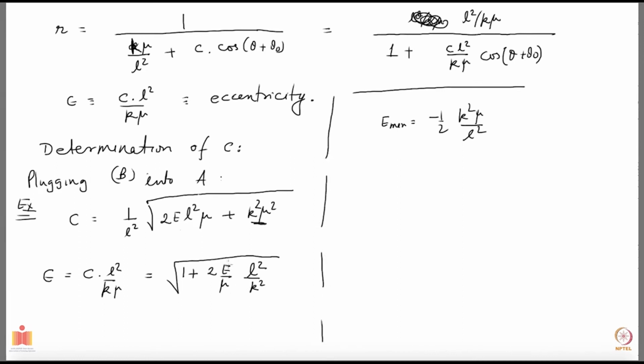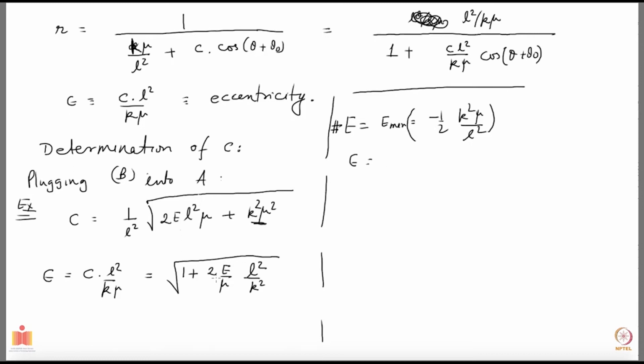If you put E equal to E minimum here, then your epsilon is how much? Let's see. You have minus half, which multiplies the 2 and gives you minus 1.